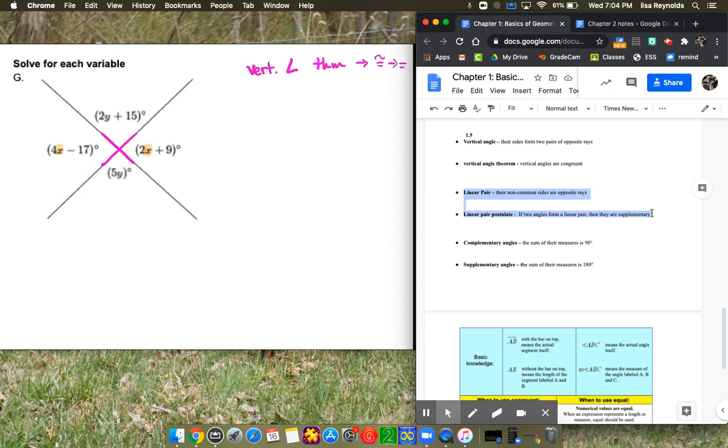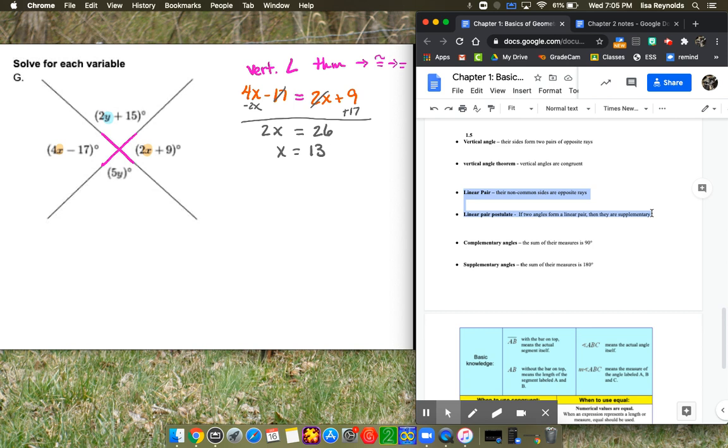So I'm going to take the 4x minus 17 and set it equal to the 2x plus 9. Now it's just a matter of solving this equation. If I subtract 2x and add 17, I end up with 2x equals 26. And when I divide, x is equal to 13.